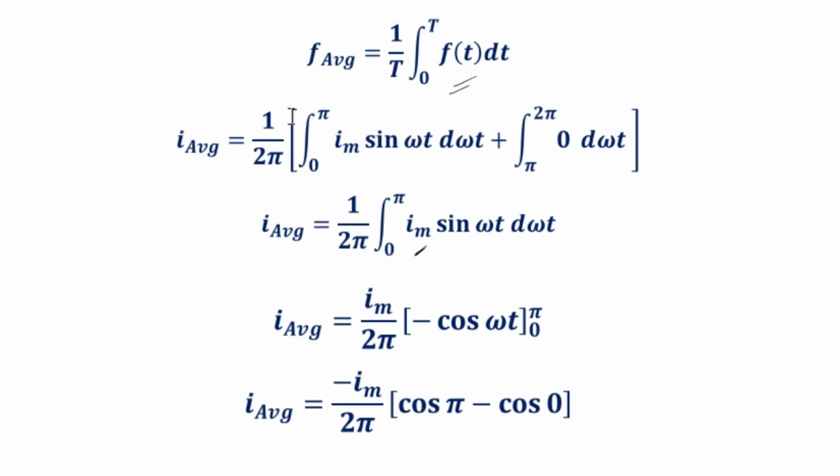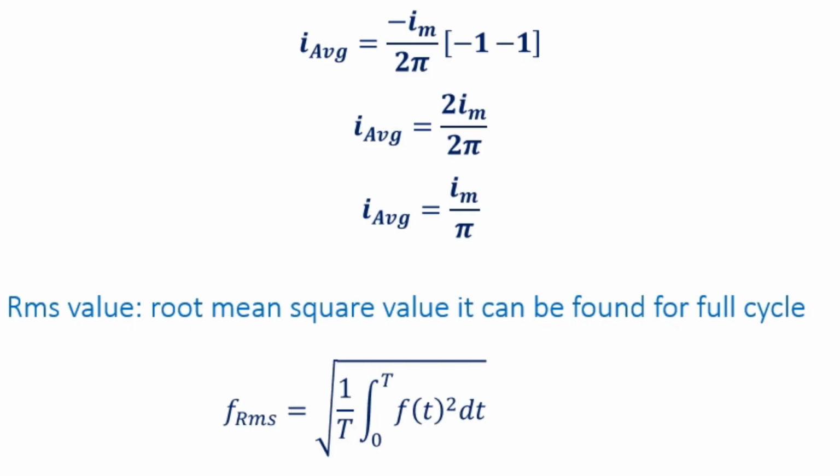So Im by 2 pi into minus 1, with the other minus, becomes plus 2 Im by 2 pi, which equals Im by pi, which is 0.318 Im.